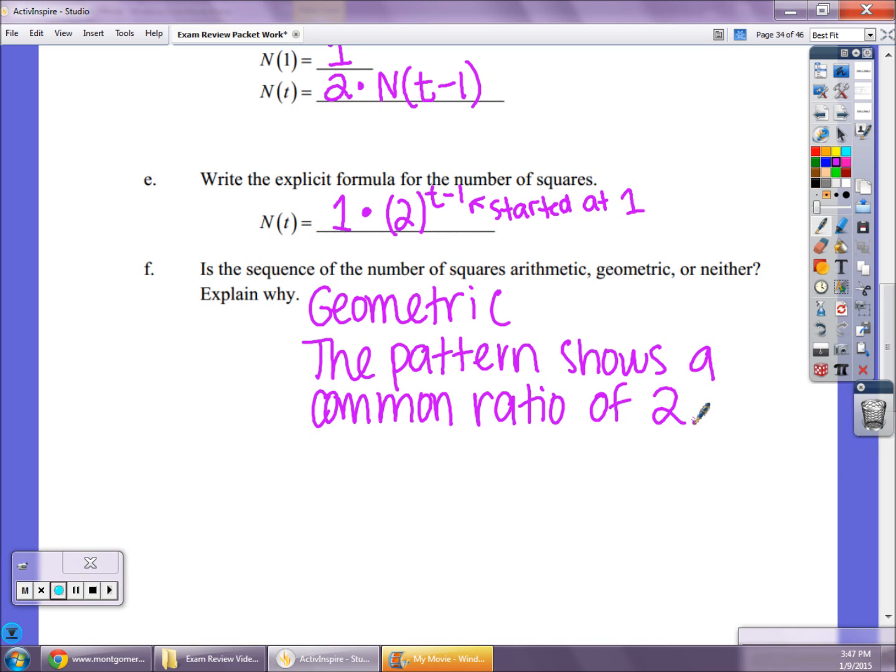And there's a lot of ways you can explain that. You are multiplying times 2, however you want to word it, but do be specific. Use a number, use the words common ratio, or at least multiply to show that you know that the difference between a geometric and an arithmetic is whether or not we are dealing with multiplication or addition. Okay, that's going to do it for question 37.